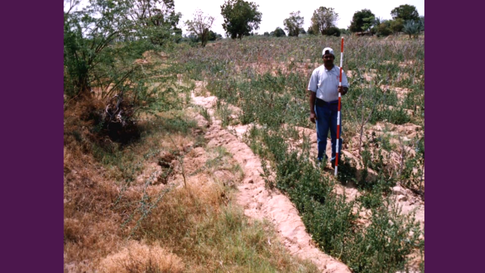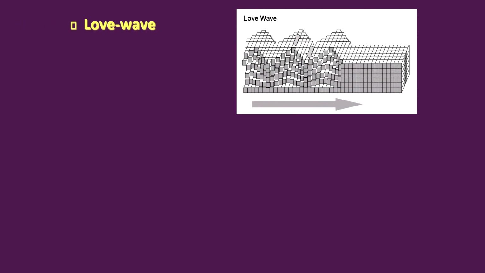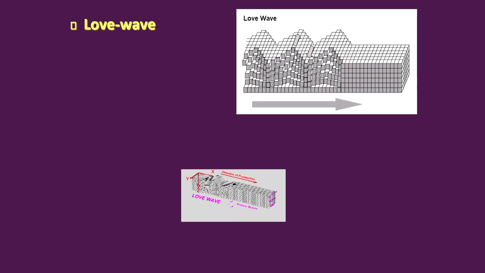Okay, and this is what we saw on the ground, the epicentral area where the whole agricultural field was waved up as the wave passed through this area. Now coming to the remaining two waves, which are broadly in the category of surface waves, the Love wave and the Rayleigh wave.